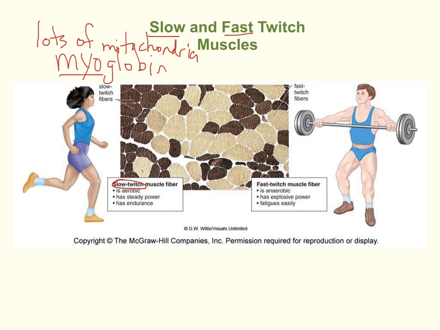We have other muscle fibers in our bodies that are specialized for quick anaerobic power type activities, anaerobic and explosive power, right? They have less myoglobin, so these fast twitch fibers don't have very much myoglobin, and they have fewer capillaries feeding them oxygen as well.